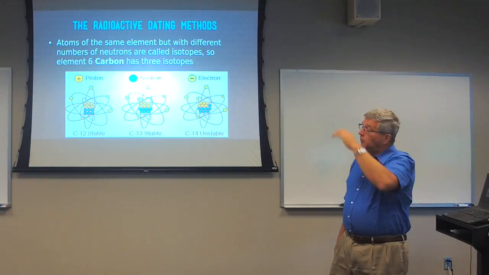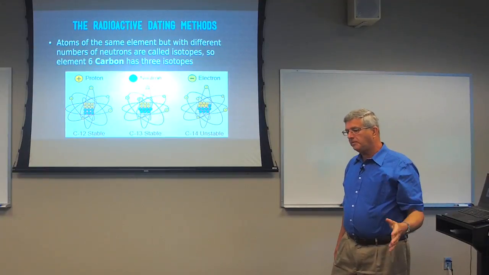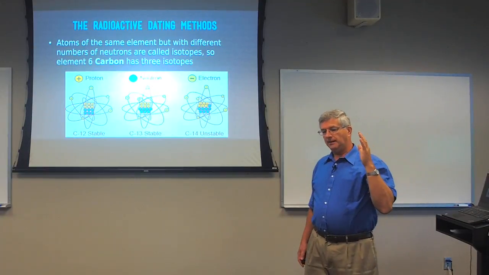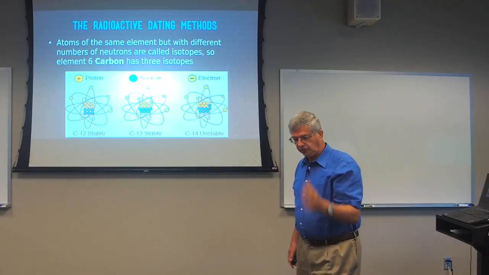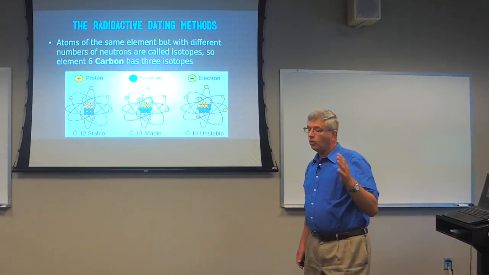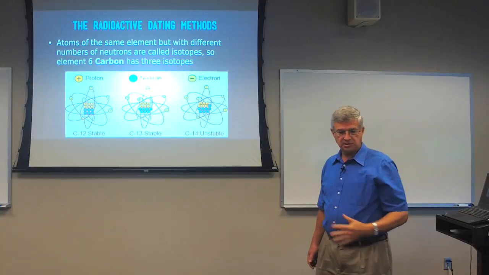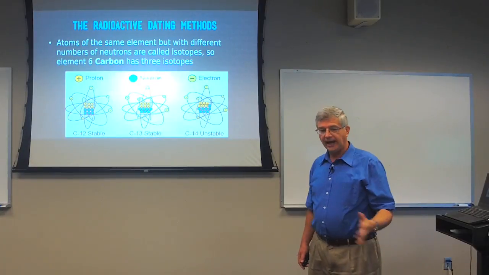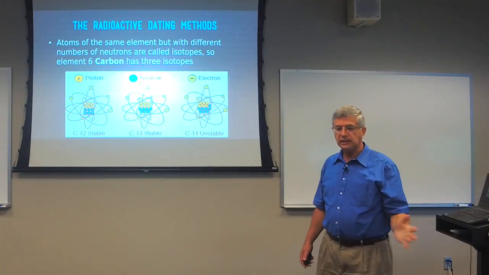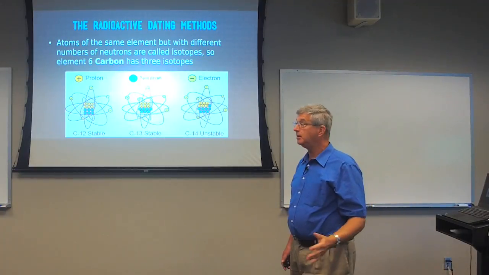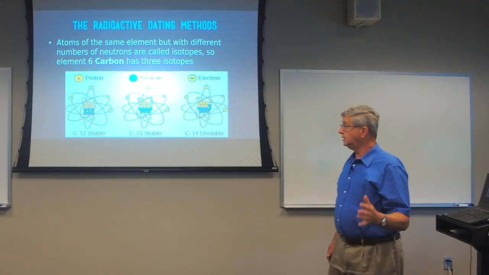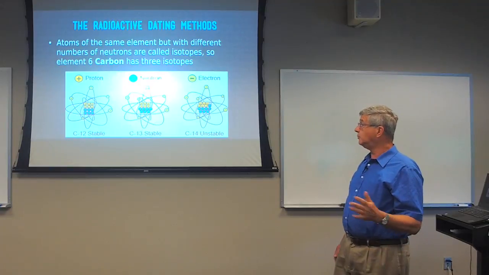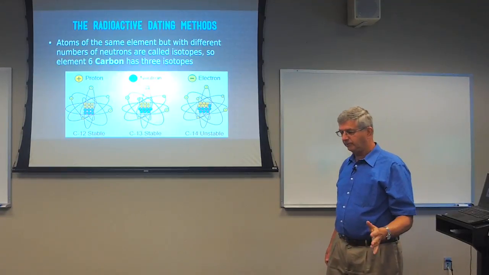So we talk about the different atoms with different neutron numbers. We call them isotopes. And so we've got isotope 12, carbon-12 is the regular stable isotope of carbon. We've got carbon-13, which is also stable, and we've got radiocarbon or carbon-14.